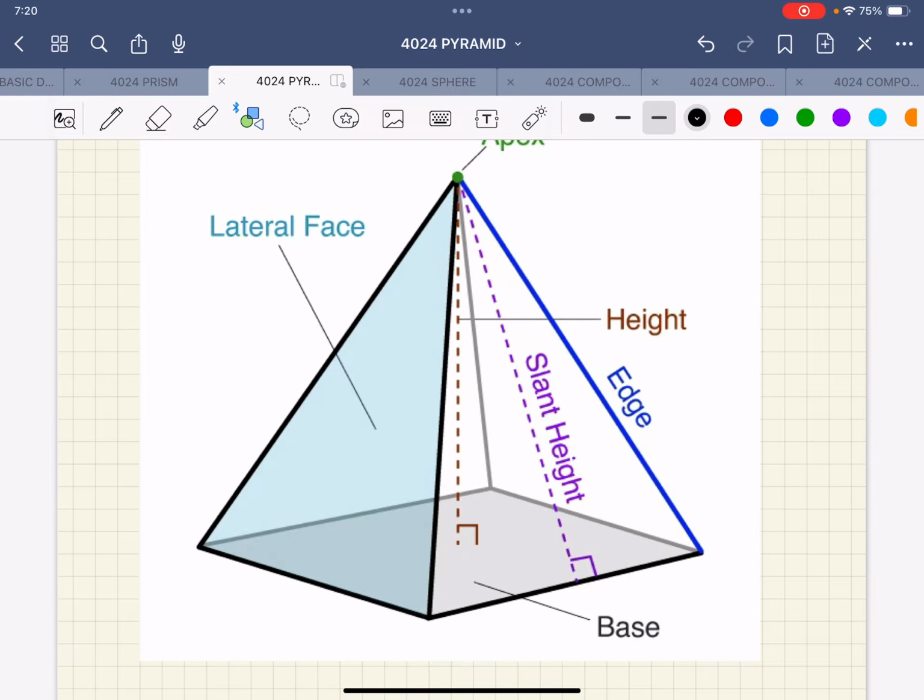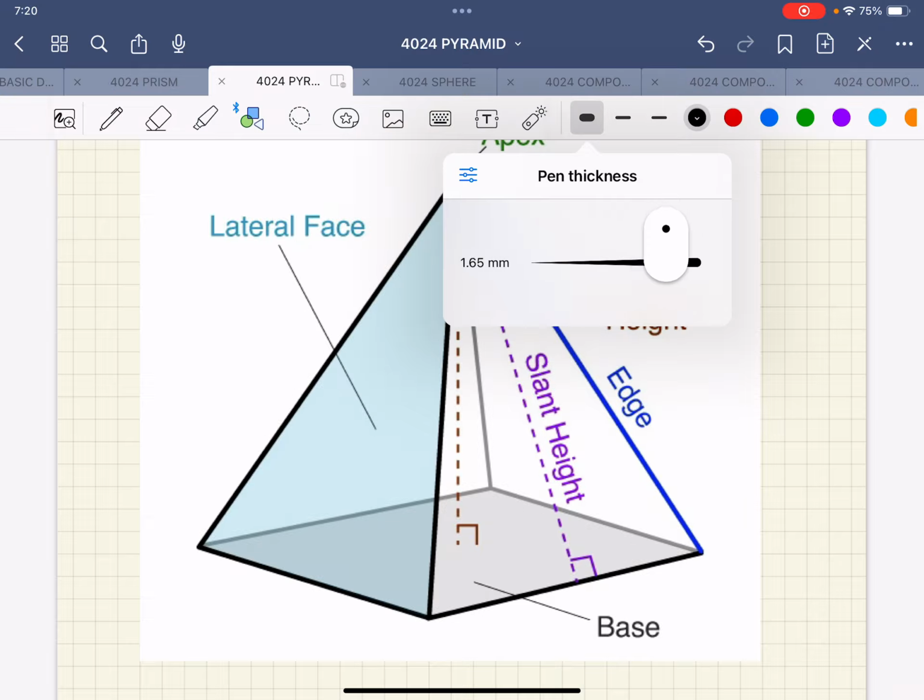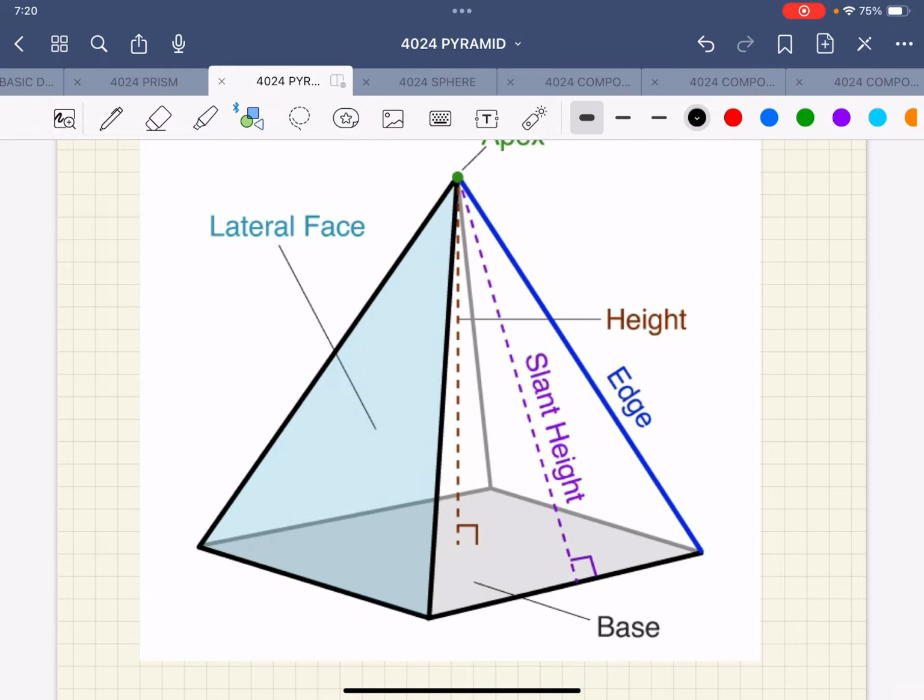Green is the perpendicular height that goes like this, the base is in purple color that goes like this, and the slant height is in red color that goes like this. So another variation of the same figure.